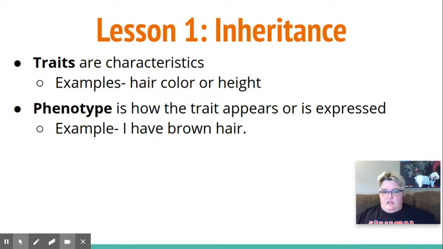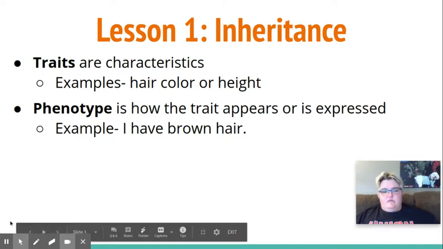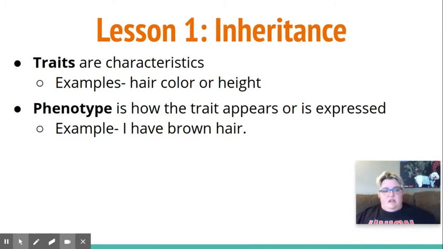Okay, something that you can see or experience directly. For example, brown hair. So that is phenotype. It's the physical characteristic, something that you can see. Brown hair, blue eyes, 5'3". All of those are physical things that we can see.